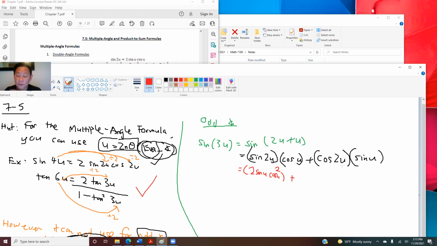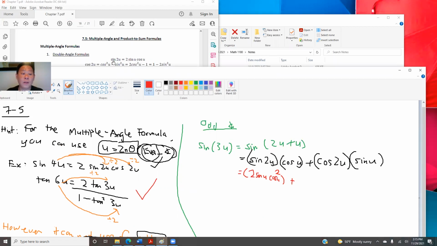Plus, now this cosine 2u, if you remember, we got 3 formulas, 1, 2, and 3. Since this is in sine, we want this in terms of sine. So the only one that is in terms of sine is this one: 1 minus 2 sine squared, and then you have to multiply this by sine u.